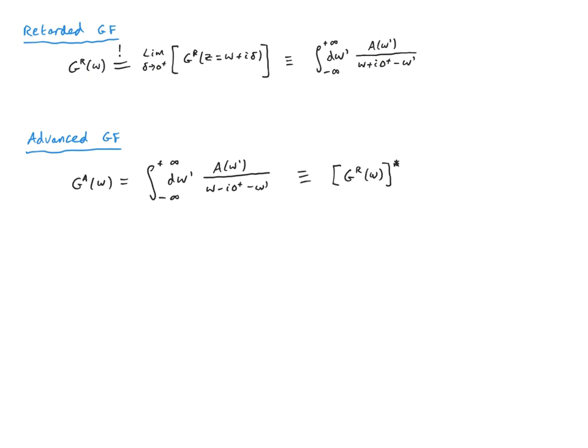And therefore, since the only difference is the sign of the imaginary part, we can obtain g advanced simply by taking the complex conjugate of g retarded, and this is really the only difference. Sometimes you'll see these advanced Green's functions mentioned in books or papers. However, we won't discuss them further in this course. We'll just focus on the retarded Green's functions, and suffice it to say that if we wanted the advanced functions, we can obtain them simply by this relation.